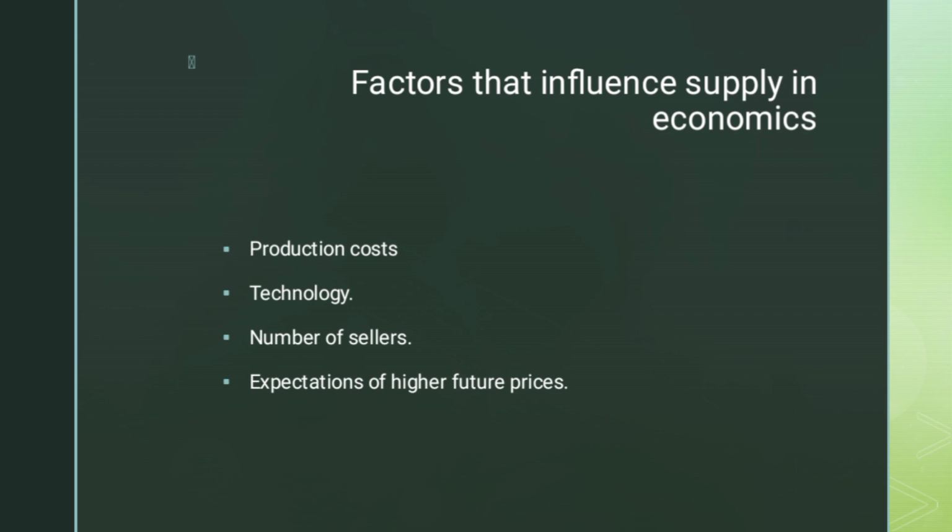The next point is the number of sellers in the market, whereby more sellers in the market generally increase the supply of a good. The last point is expectation of higher prices in the future, in that if producers expect higher future prices, they might reduce current supply to sell more in the future.